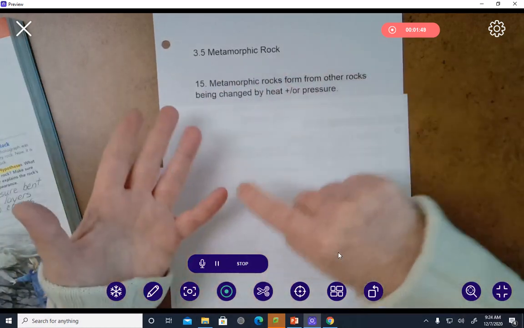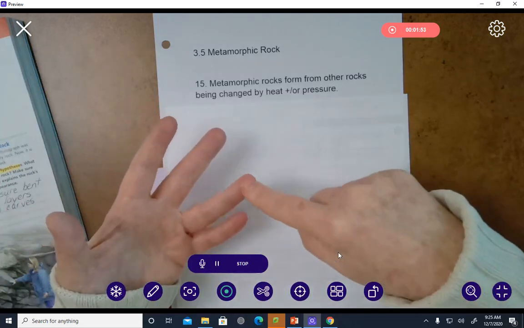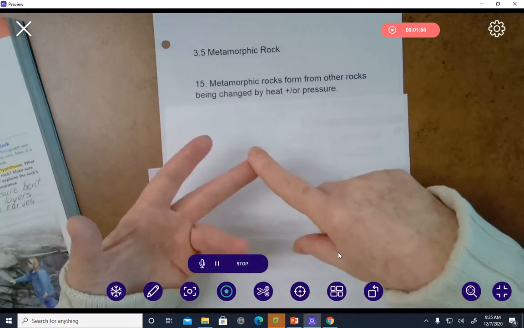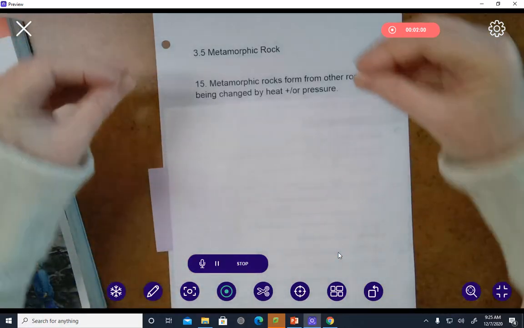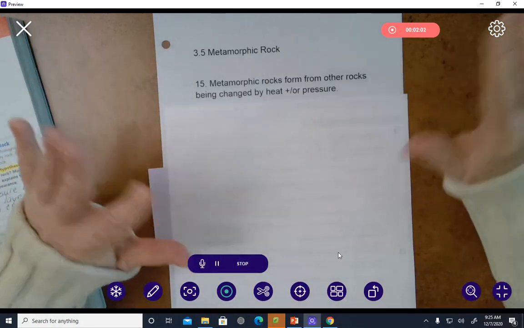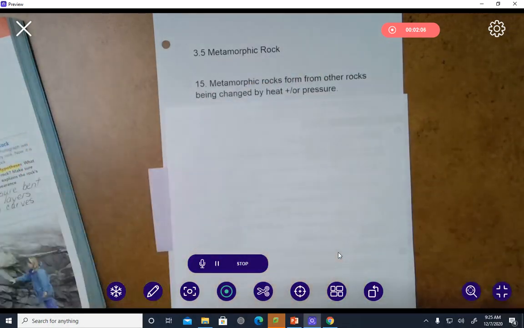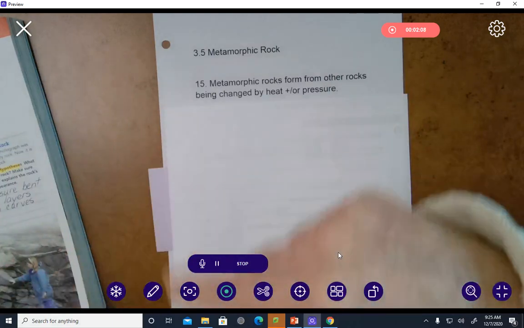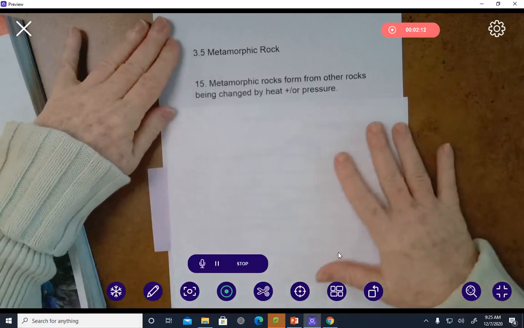In other words, we can change an igneous rock into a metamorphic rock. We can change a sedimentary rock into a metamorphic rock. We can also change a metamorphic rock into a different type of metamorphic rock. And the last slide on the Google Slides shows you the metamorphism in some of those, if you wanted to see some examples.